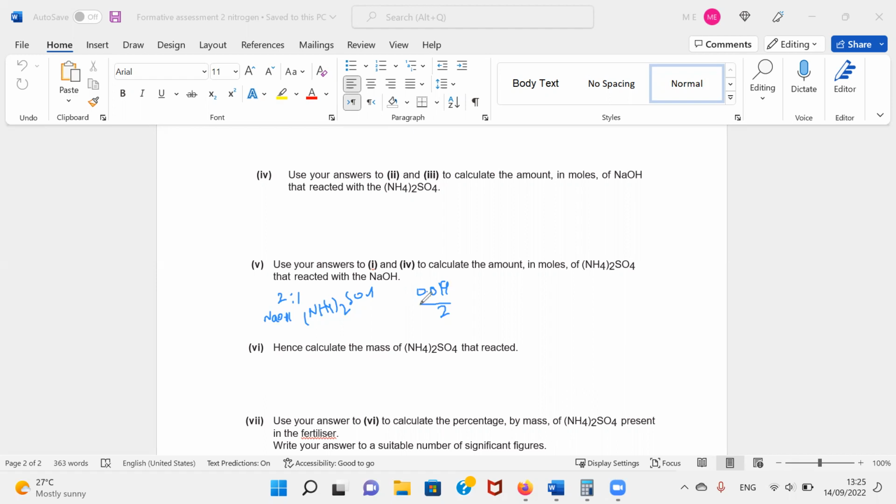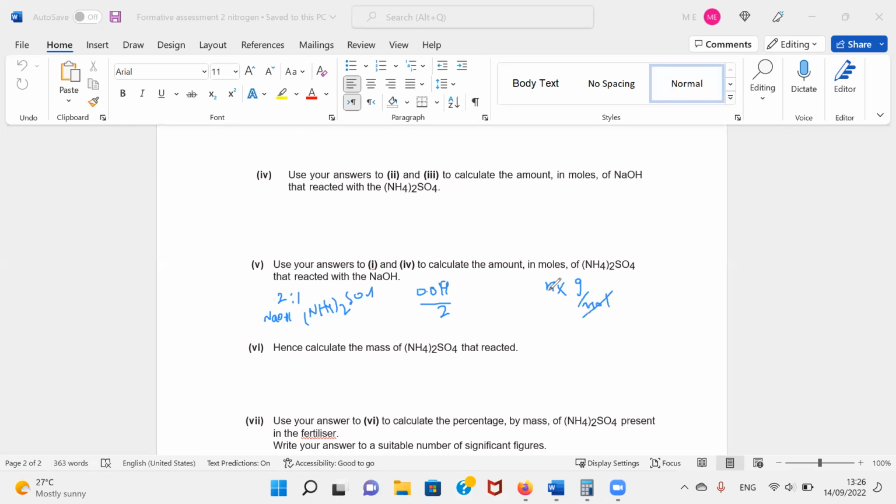So according to this ratio, it's 2 to 1. That means the number of moles of ammonium sulfate is 0.019 divided by 2. So this is the number of moles of ammonium sulfate. If we want to find out the mass, then you have to find out the molar mass, because you multiply the number of moles times the molar mass, which is in grams per mole.